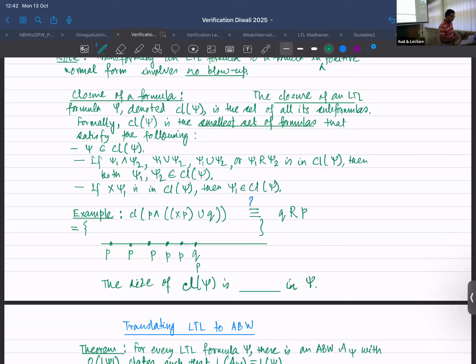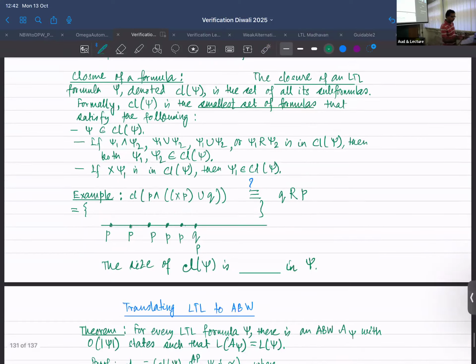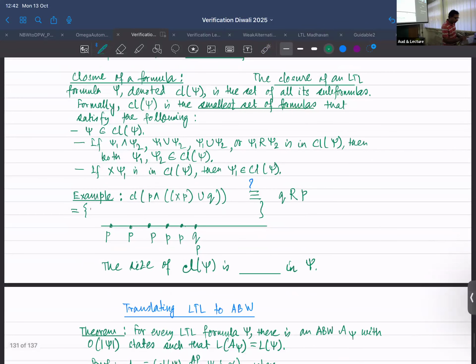But anyway, what we are trying to say now is that let's look at the closure of this. Essentially the closure will be the whole formula, P and XP until Q. So psi belongs to the closure, and if you have psi1 and psi2, both psi1 and psi2 should be there.